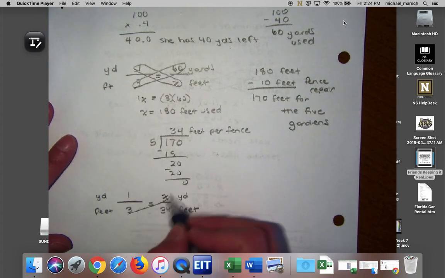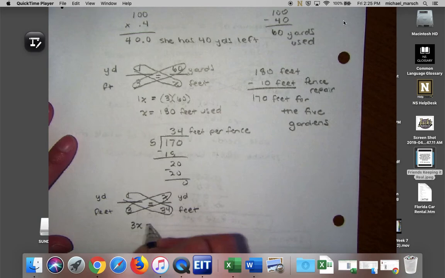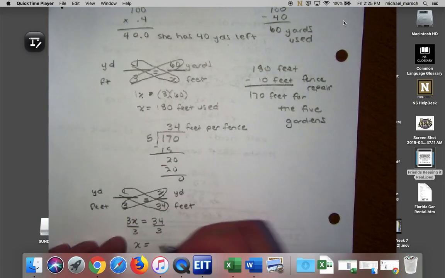So I'm going to do my loop-de-loop. 3x equals 34. And what is 34 divided by 3?